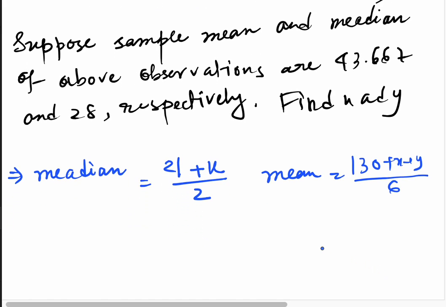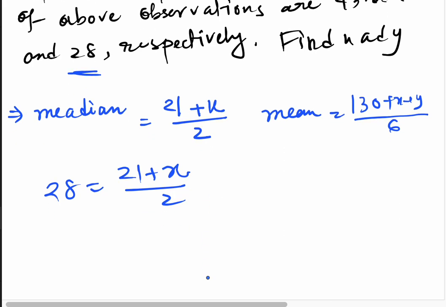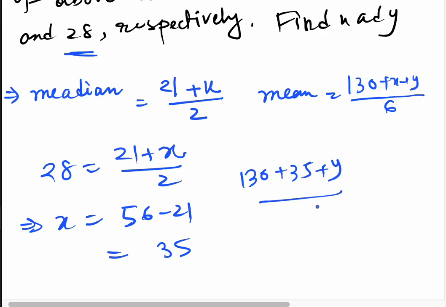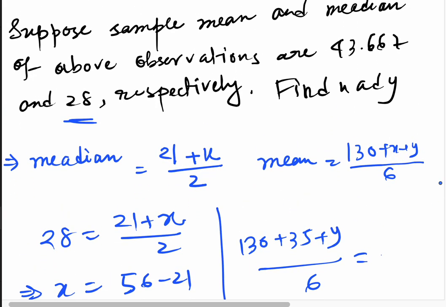And it is given that the median is 28, so 28 equals (21 plus x) by 2, so that means x equals 56 minus 21, so that is 35. Now if I put it here, (130 plus 35 plus y) by 6 is equal to 43.667.